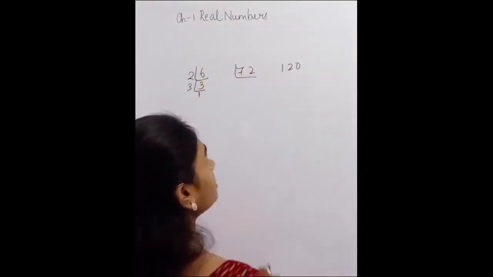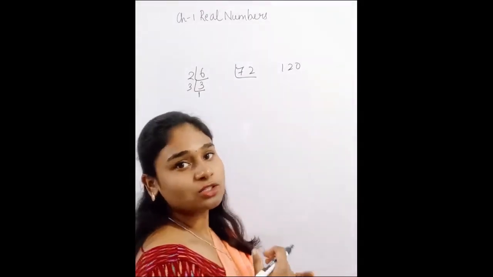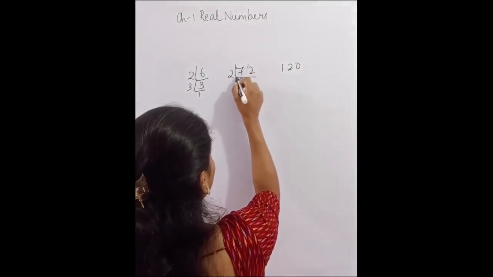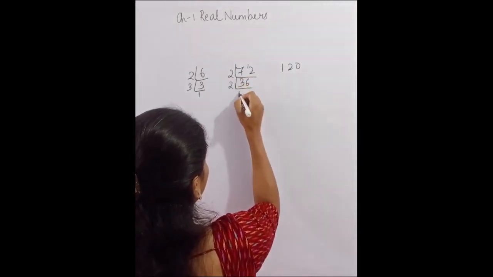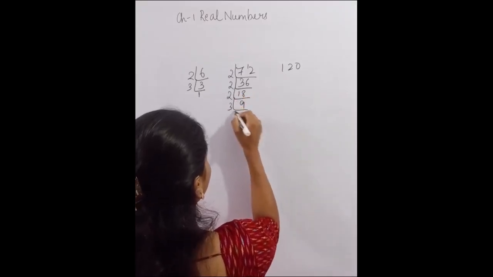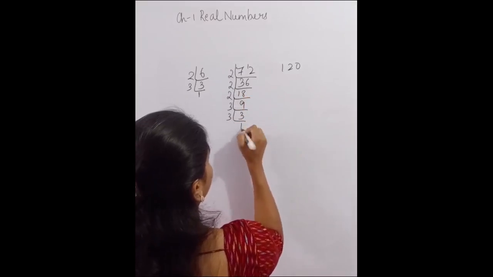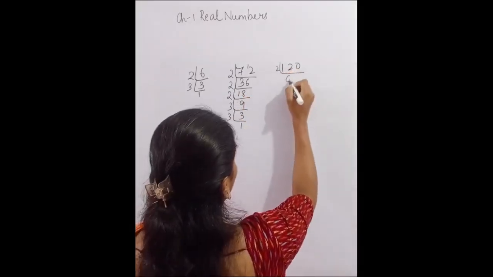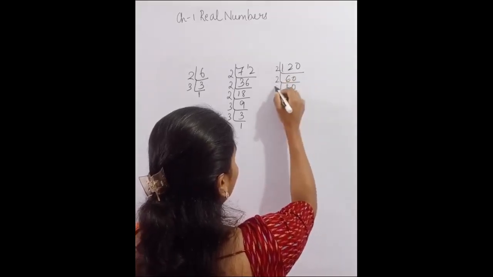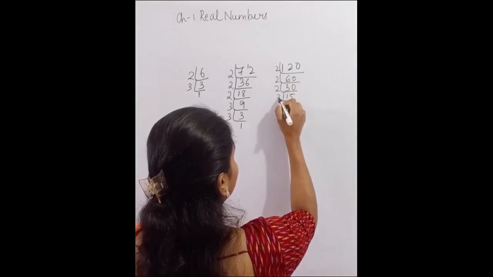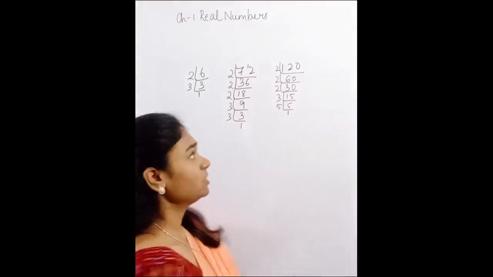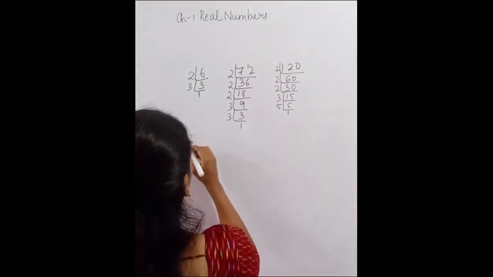Here also, since the last digit is an even number, let us go with 2. 2 3s are 6 and 1 here, 2 6s are 12, 2 1s are 2, 18, 2 9s are 18, and then 3 3s are 9, 3 1s are 3. And 120: 2 60s are 120, 2 30s are 60, 2 15s are 30, 3 5s are 15, and 5 1s are 5.